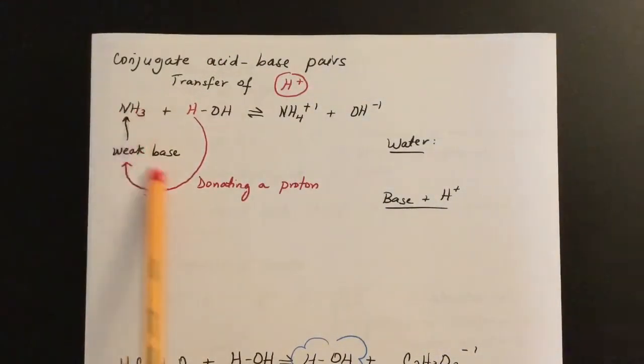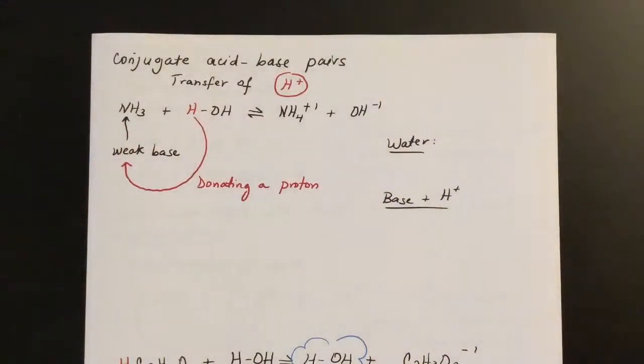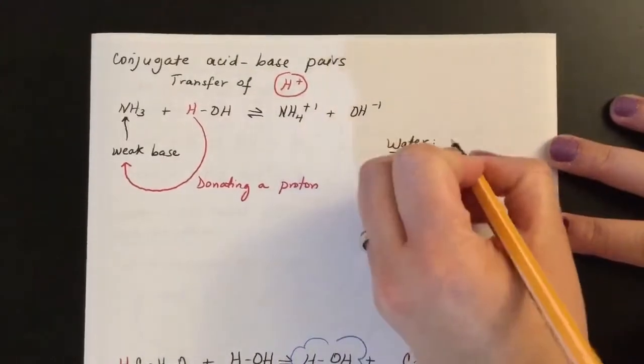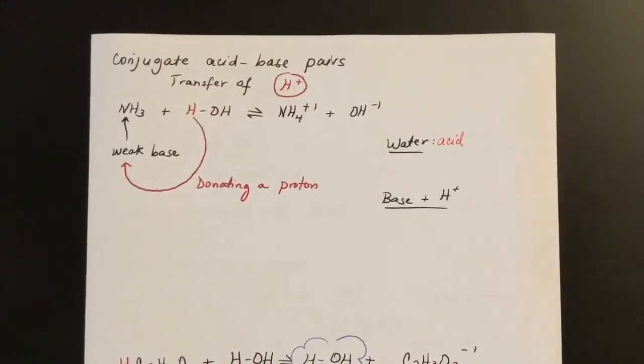So NH3 is a weak base. You have it in your list. It will be accepting the proton. The water is donating the proton. So if the water is donating the proton, the water is acting as an acid.